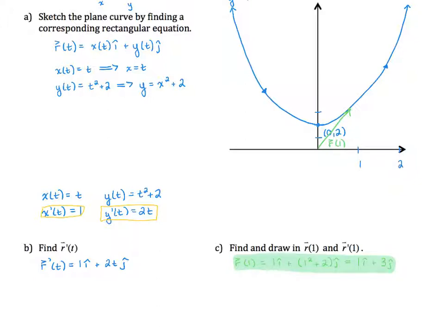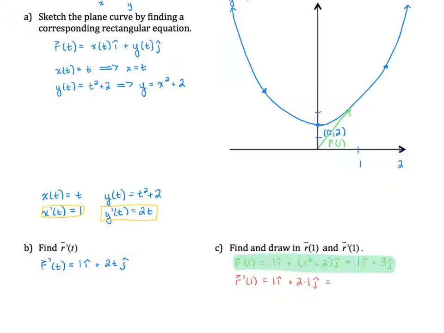Now it asks us to find r prime of 1. So r prime of 1 will be our derivative vector evaluated at t equals 1. Well, guess what? It's just 1 i hat, that is 1 regardless of what t is, plus 2 times t j hat.